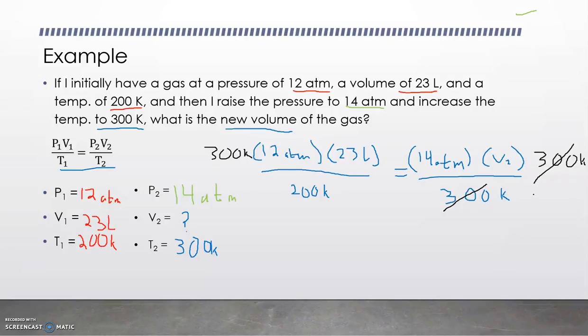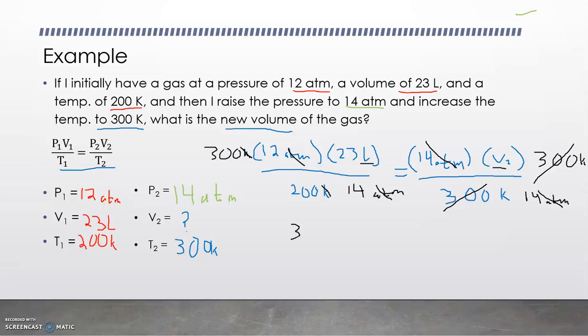And then divide both sides by 14 atm. So now our atm units cancel on top and bottom. Our Kelvin units cancel on top and bottom. So we're left with liters, which is a good sign considering we're solving for volume.